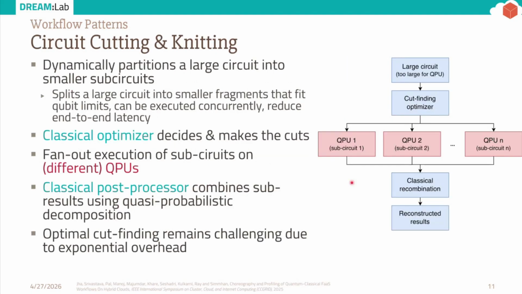Another one is a fairly common technique for execution of larger circuits, where you can split the large circuit into smaller sub-circuits and run these concurrently on different QPU hardware. A couple of reasons we've found this helpful: you can parallelize the circuit, so you can potentially run it faster.